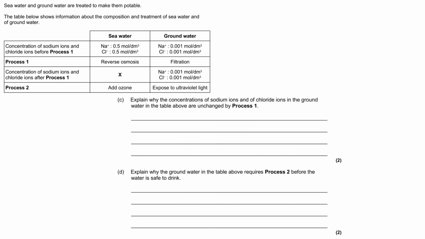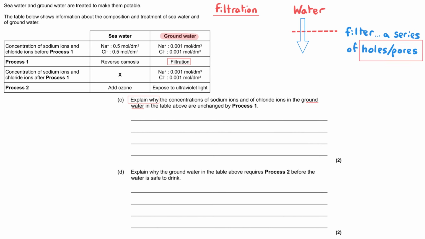And then we've been asked to explain why the concentrations of sodium ions and chloride ions in the groundwater are unchanged by process 1. And so process 1 this time for the groundwater is filtration. And during filtration, the water is passed through a filter. And what a filter is, is a series of holes that will allow particles through, provided they are small enough to pass through the filter.